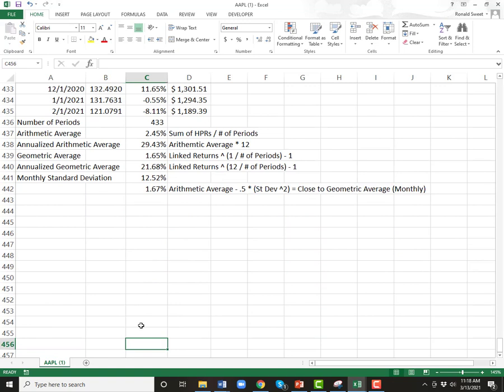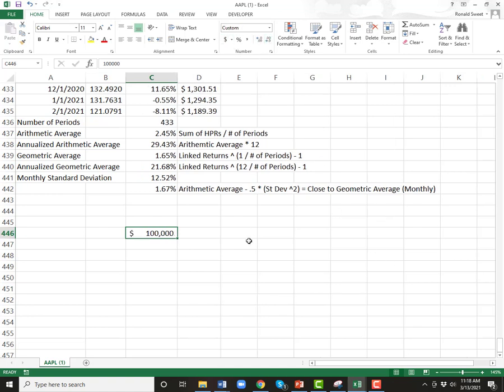Now, why is the geometric always lower? Let me give you an example. Let's say your uncle comes to you with $100,000, and he wants you to invest for him. And let's say we just have 2 months. In month 1, you lose 50%.